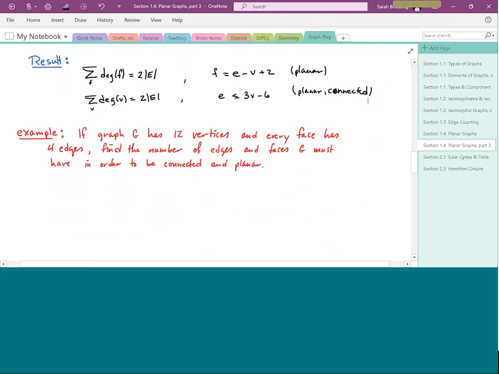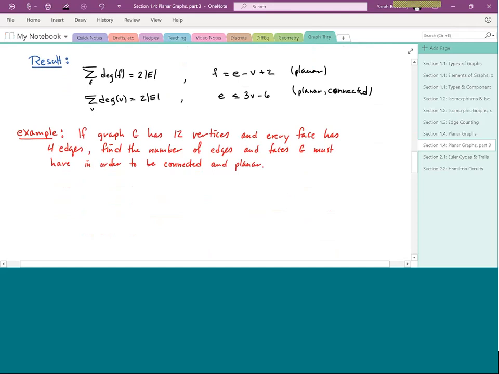So the next example doesn't start off with a picture, it just gives us a description, and this is similar to some of the examples we looked at in section 1.3 when we were checking how many vertices or how many edges we have using that formula from section 1.3. These three come from section 1.4. Suppose you have some graph, and you know it's got 12 vertices, and you know that every face has 4 edges.